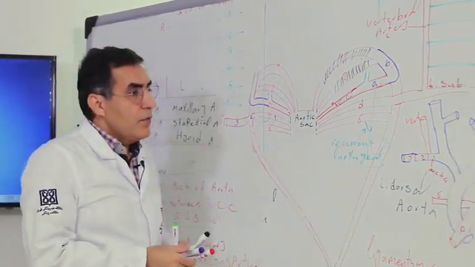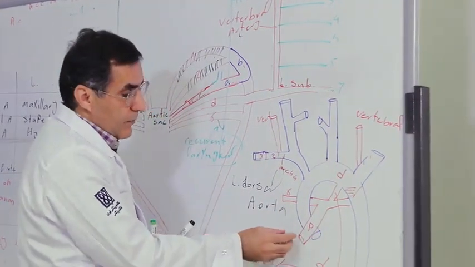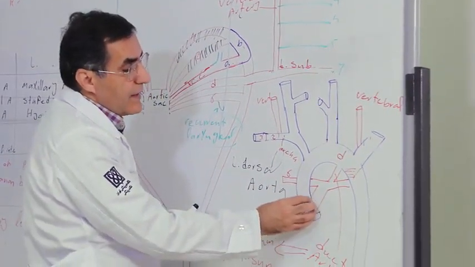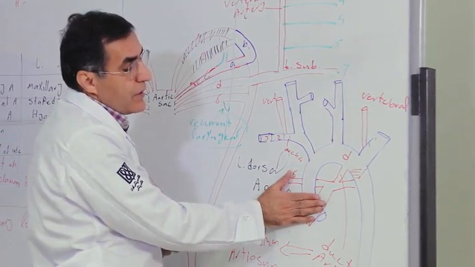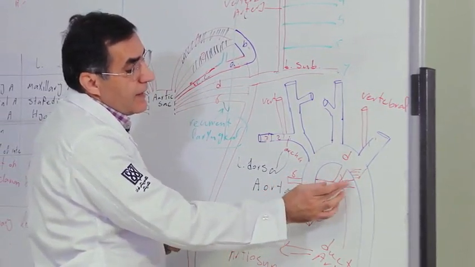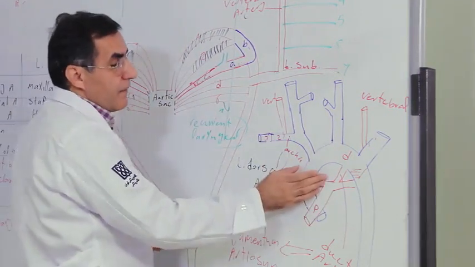And here, if you look at my picture, you can see that the pulmonary trunk and ascending aorta are made by the truncus arteriosus. The right and left pulmonary arteries are made by the sixth arc.